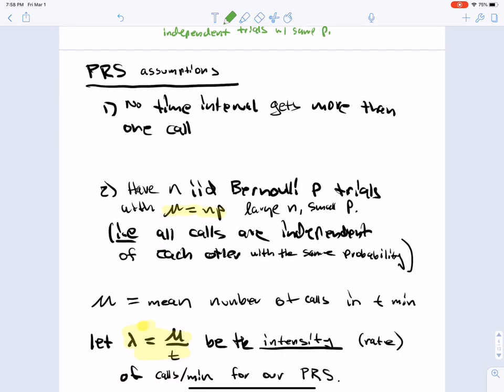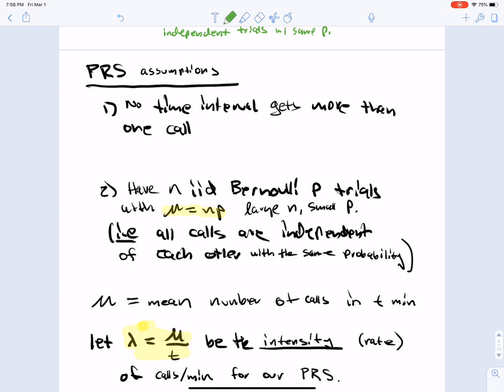So the Poisson random scatter assumptions are that, 1, no time interval gets more than 1 call, and you can assure this by having very small time intervals. And 2, we have n iid Bernoulli(p) trials, all with the same p, with mu equals np, large n, small p.